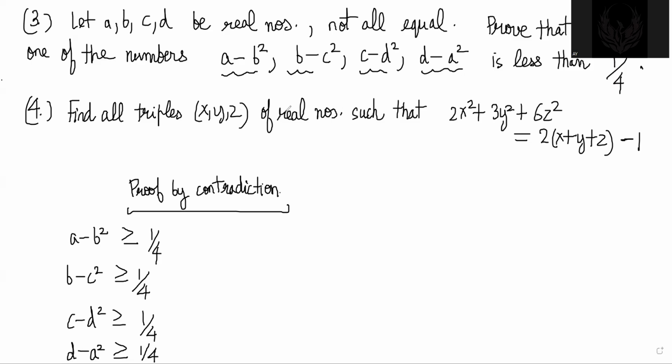You understand that contradiction makes a single clear statement. Now use this to arrive at something contradictory. We have assumed that all of them are greater than or equal to 1 by 4. Now use these four to prove by contradiction.